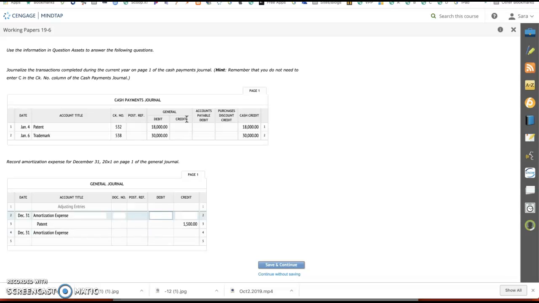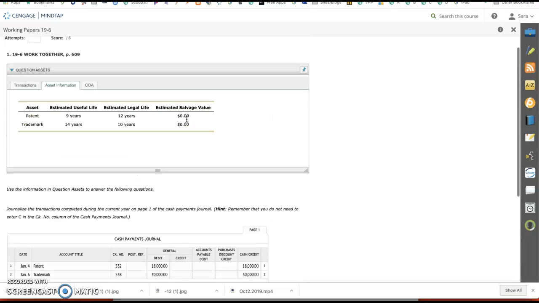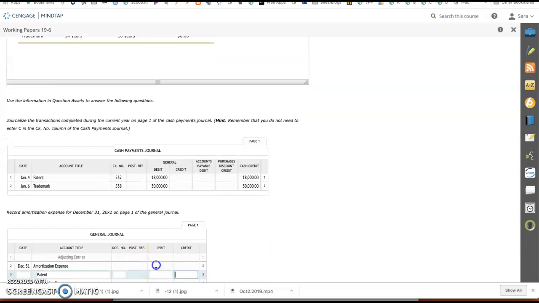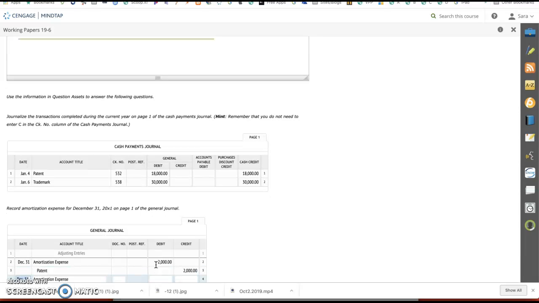Okay, so going back here, so calculating our 18,000, and then we are dividing it by our useful life, so divided by 9, and so then we will get 2,000 for amortization debit. Line 3, our account is going to be patent, and our credit will be $2,000.